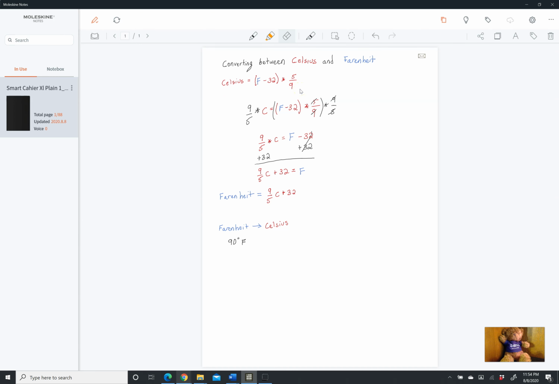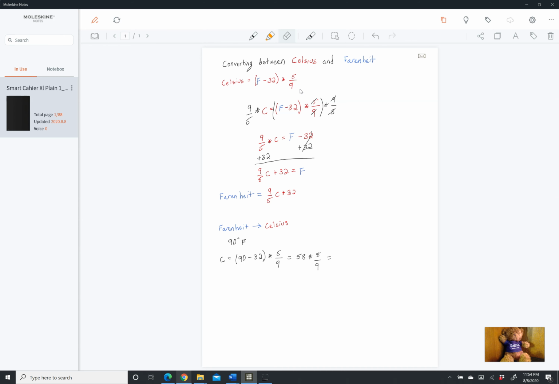So for 90 degrees, the degrees in Celsius is equal to 90 minus 32 times 5/9. Okay, so 90 minus 32 is 58. So now we have 58 times 5/9.